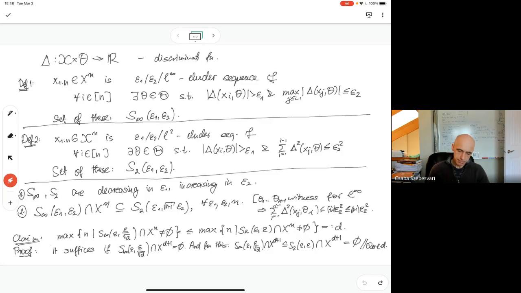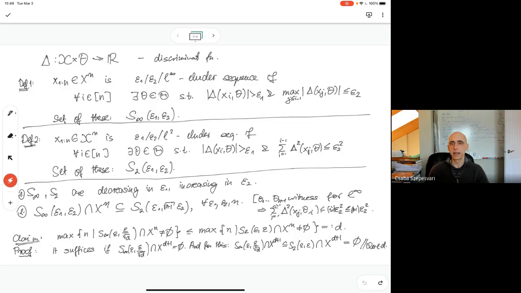And so for this claim to hold, it suffices to show that there is no L Euler sequence of the L infinity type with the required parameters of length d plus 1.